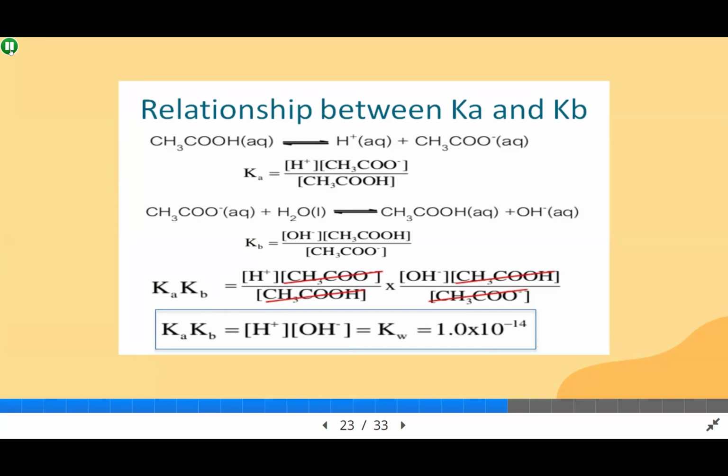But is there a relationship between the Ka of acetic acid and the Kb of its conjugate base, the acetate ion? Notice that most of the terms in the two equilibrium constant expressions are similar. If we add the two equations together and cancel the common entities that appear as reactants and products, again we're just left with the auto-ionization of water.